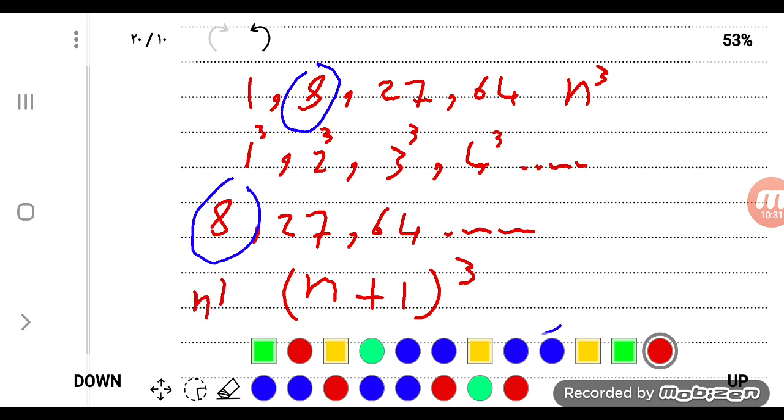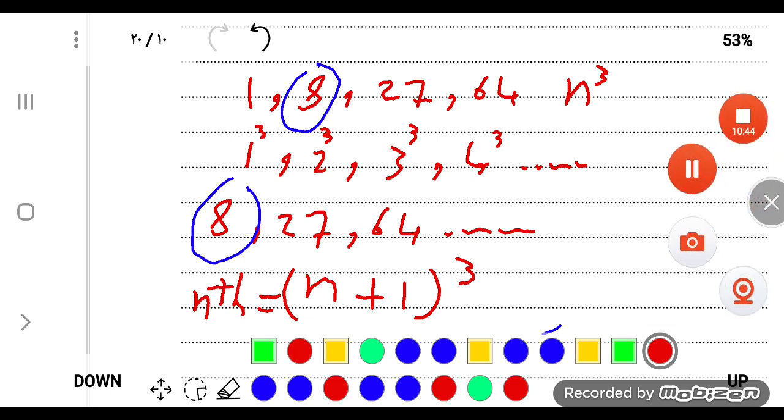So that is the nth term of the second sequence. So 1 plus 1, you get 2, cubed, you get 8. Like this, you found the nth term of the sequence. Thank you very much indeed.